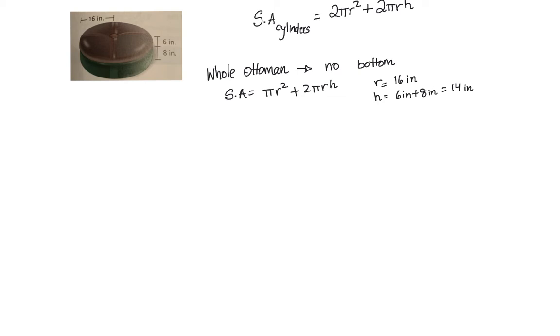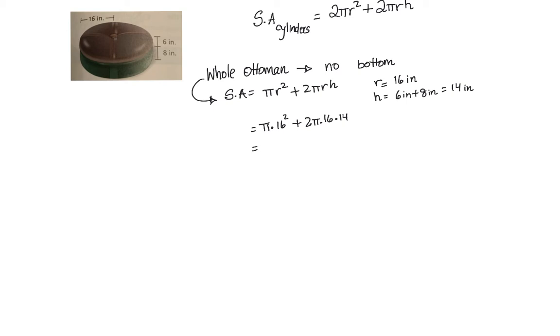And so this is the surface area of this particular ottoman, right? So this whole ottoman, no bottom. I'm going to leave pi as pi because we eat pi last. So pi times the radius squared, 16 squared, plus 2 times pi times the radius, 16, times the height, 14, since we had to add those two pieces together.